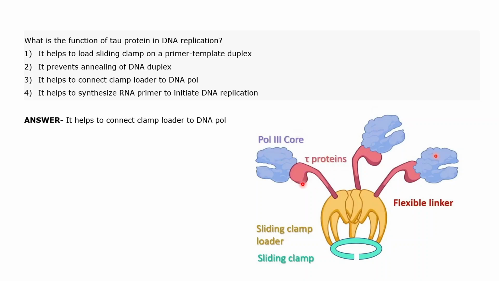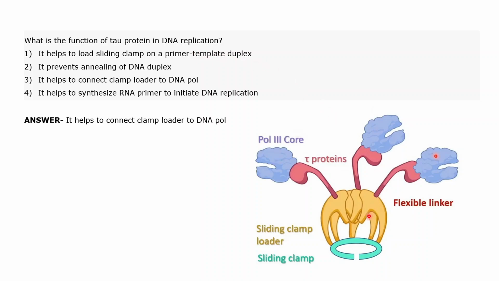So whenever a DNA polymerase is sliding through the annealed, double stranded DNA, it needs this tau protein because of the flexibility that it provides. So it can synthesize those particular strands wherever needed. So that's the function of the tau protein, and it helps to load the sliding clamp onto a DNA template duplex.